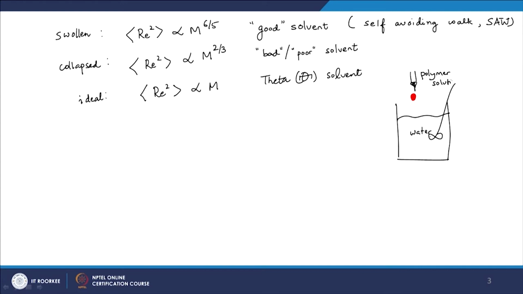So, now of course, the polymer chains present in that droplet or the crystal, whatever form of polymer we started with, will get distributed.